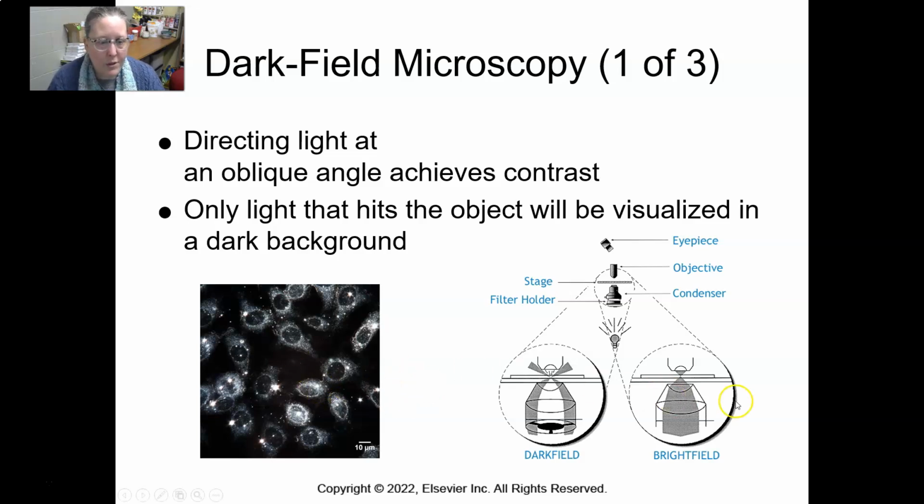It's very similar to bright field or light microscopy. There, all the light comes through the specimen, through the objective, etc. Whereas in dark field, you have a filter here, something that blocks the light in the middle, and it's only the light at the edge that angles and crosses and hits the specimen.